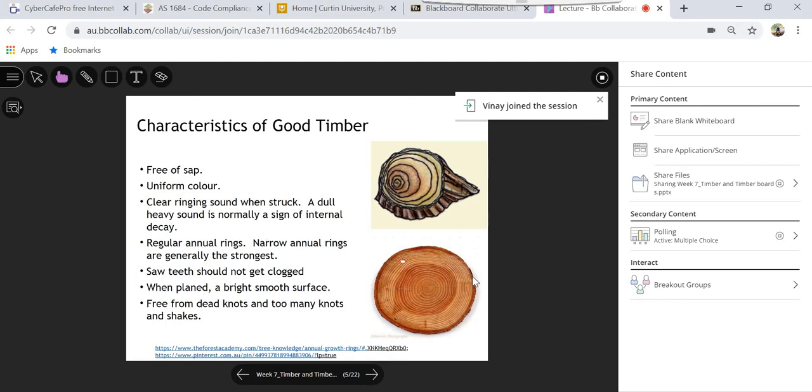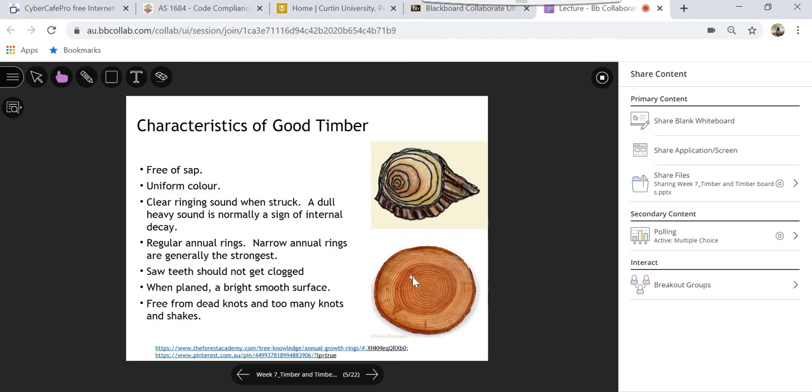If you consider the image on the right-hand side, the bottom one and the top one, you see that both have rings, but their arrangement is different. We call them annual rings because they represent a period of growth for a tree.